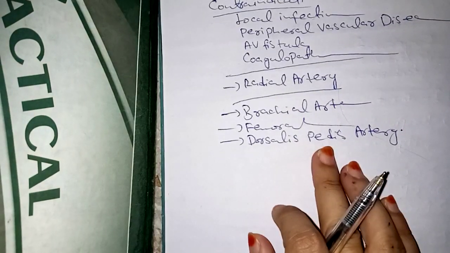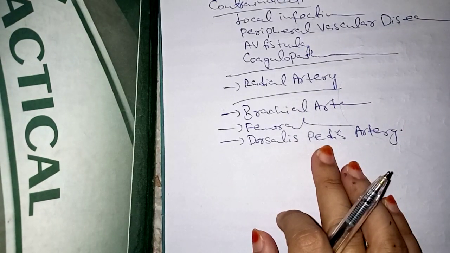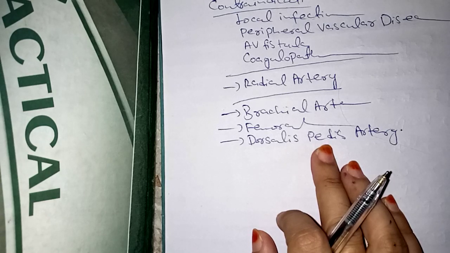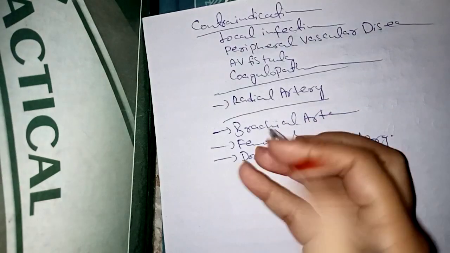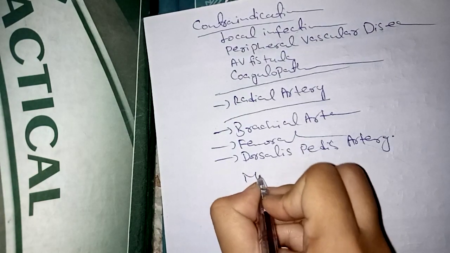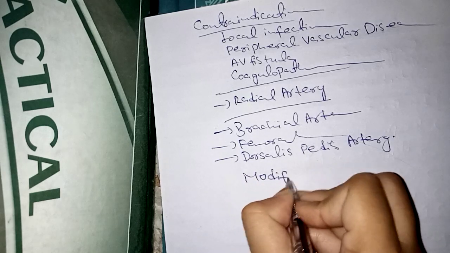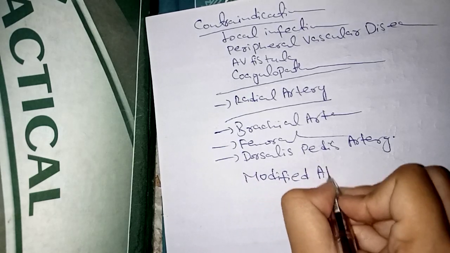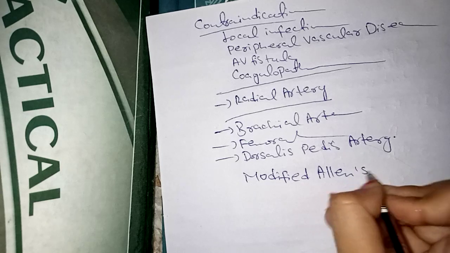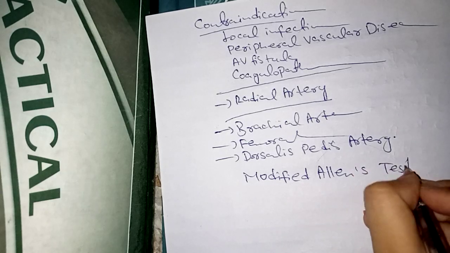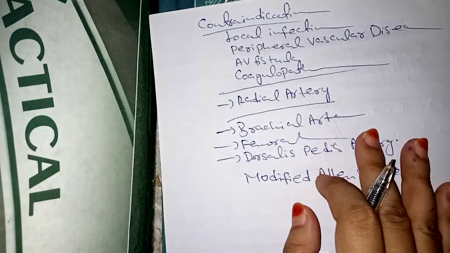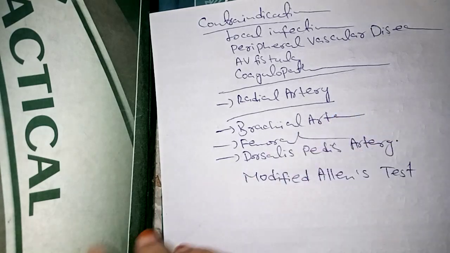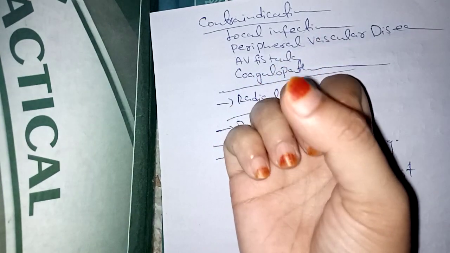Before ABG sampling, arterial cannulation and modified Allen's test, you should explain to the patient about the modified Allen's test. You should ask the patient to raise the limb and clench the fist, just like this.